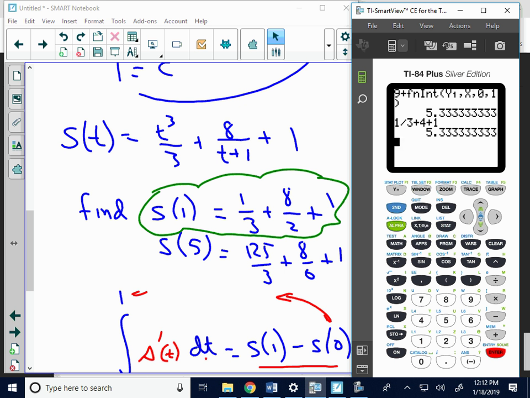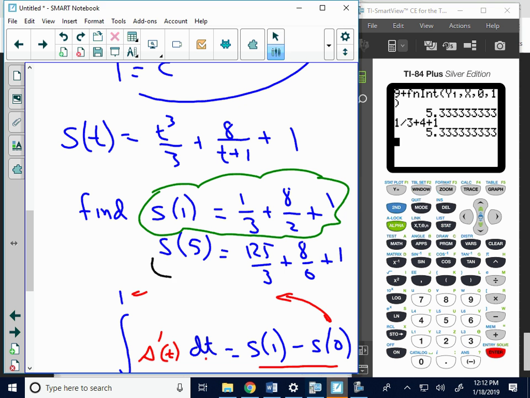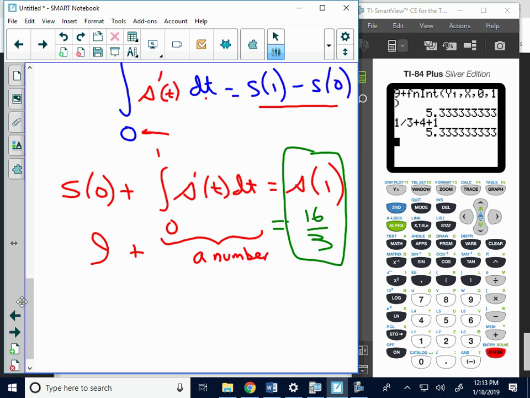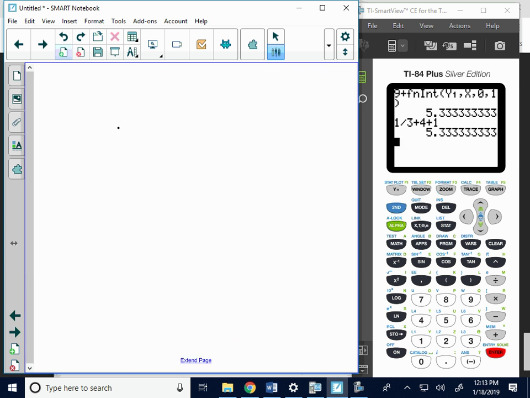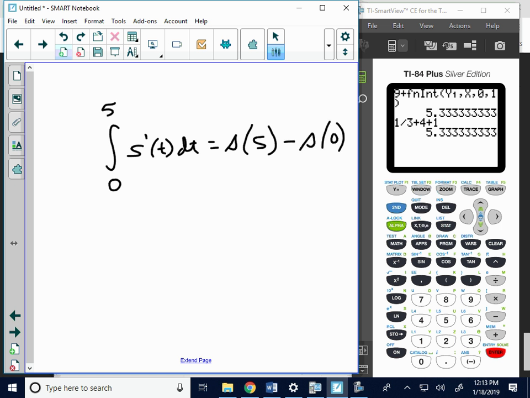If I want to find s of 5 without doing the antiderivative, I can simply do the same drill. So let me do this. The integral from 0 to 5 of s prime of t dt is going to be s of 5 minus s of 0. Some of these are cursive s's and some are Roman s's.